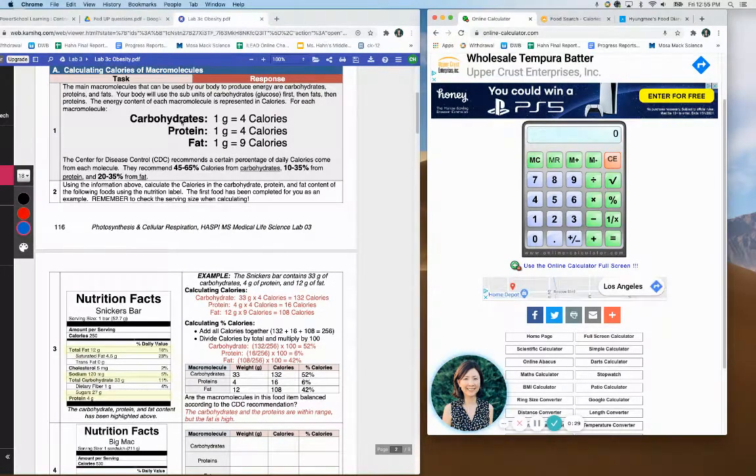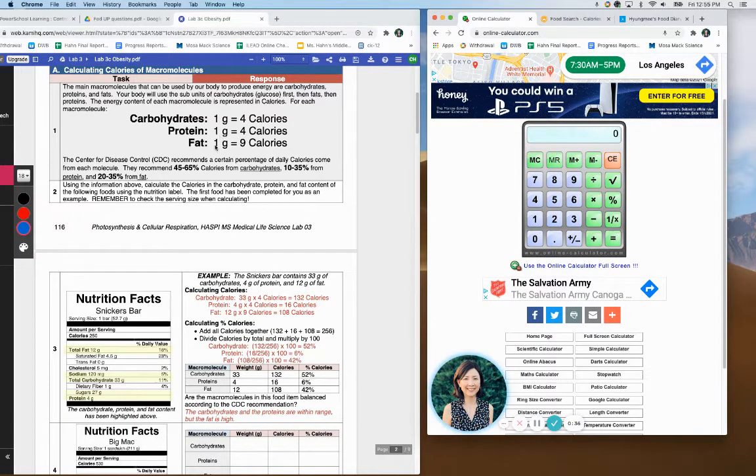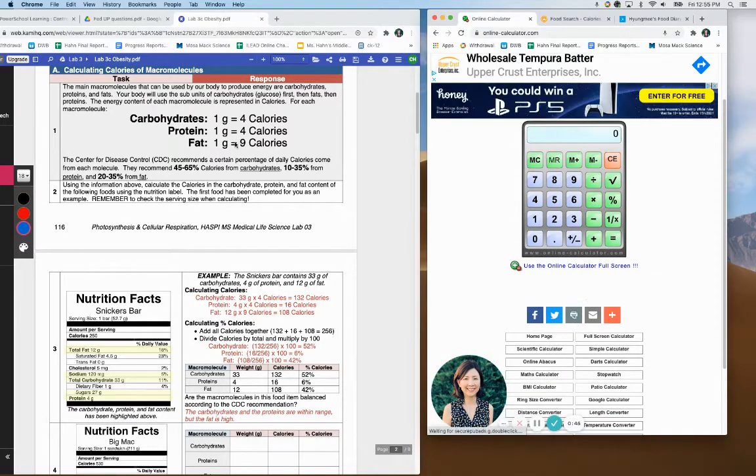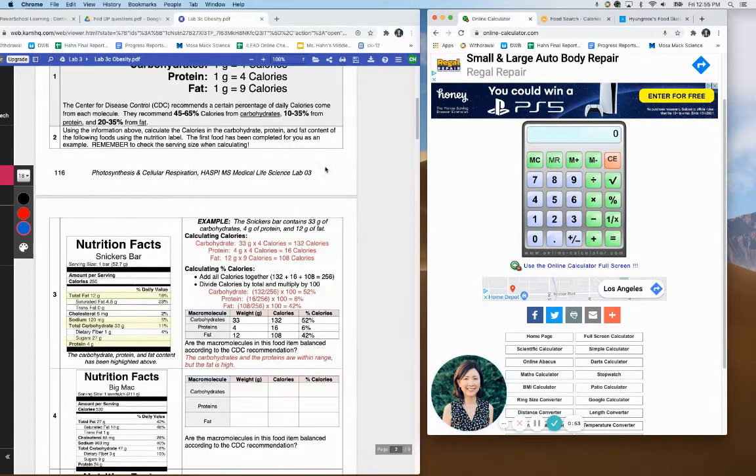If you notice, carbs give us 4 calories for every gram, proteins give us 4 calories for every gram, and fats give us 9 calories for every gram. So fats carry a lot more energy content in them, which is great if we use that energy, but it's not great if we don't, because then it just gets stored away.